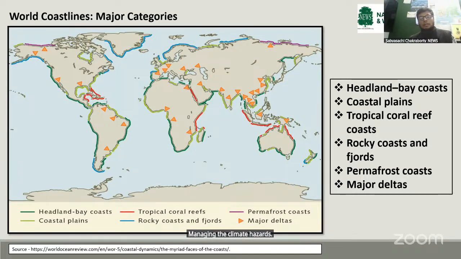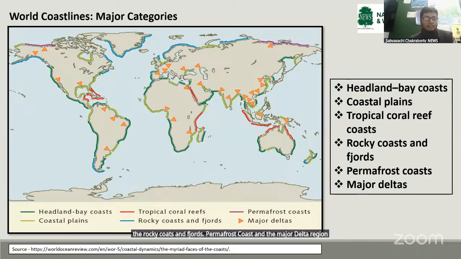So as a whole, generally, the coastal habitats are of six types. These are the headland bay coasts, the coastal plains, the tropical coral reef coasts, the rocky coasts and fjords, the permafrost coast, and the major deltaic region.